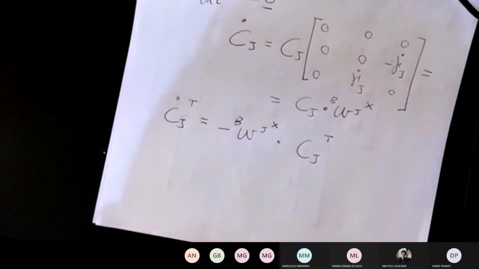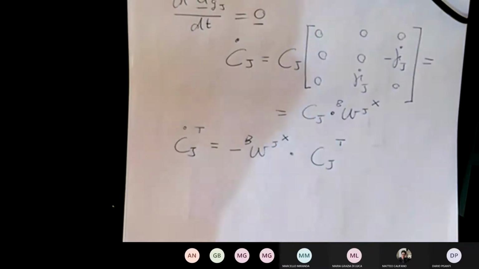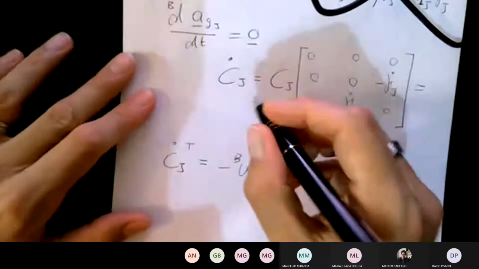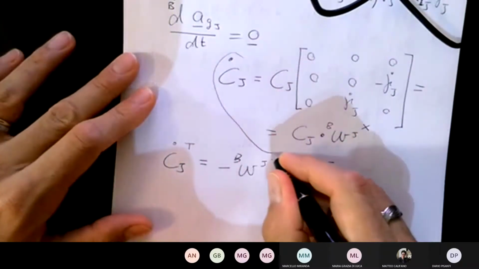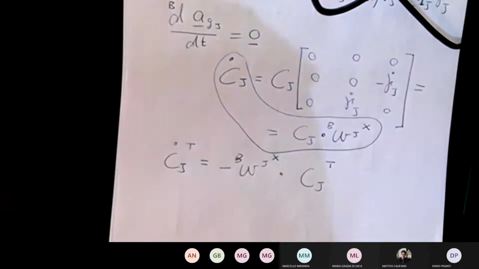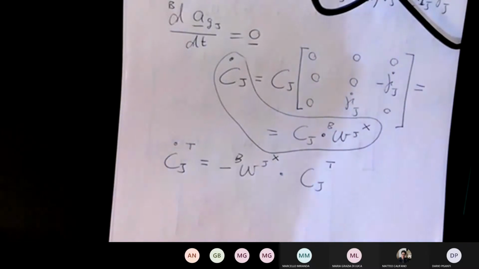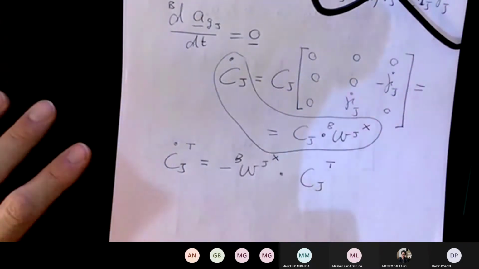There's not much to be done to prove it. Just transpose both sides of this relationship here. When you transpose the skew-symmetric matrix, you change its sign. So really, that's what it is.